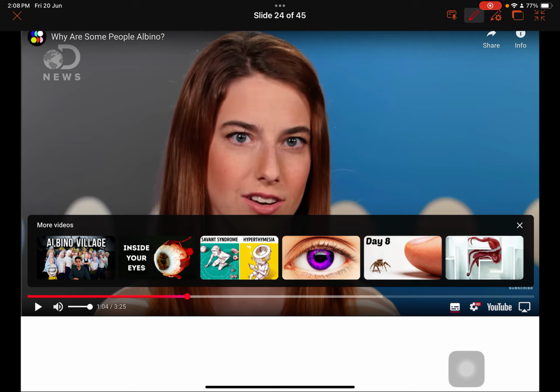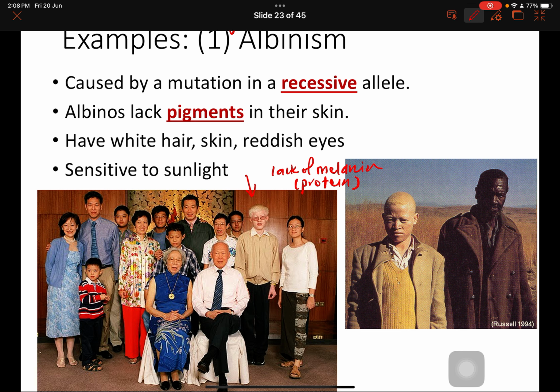Alright, so like what the video mentioned, albinism is something that's passed on from one generation to another. So if we go back to the example of our former PM family, you may wonder, there is no other individual in the family that has albinism. So how is it being passed down to his son?